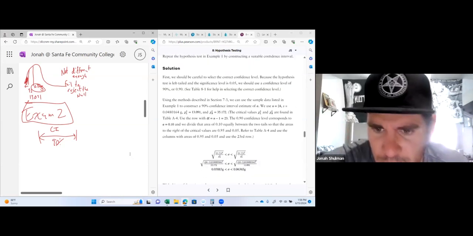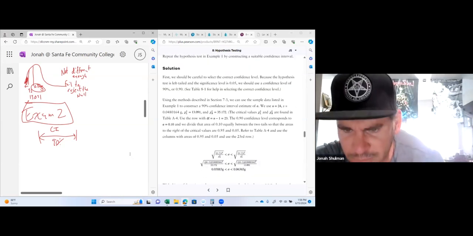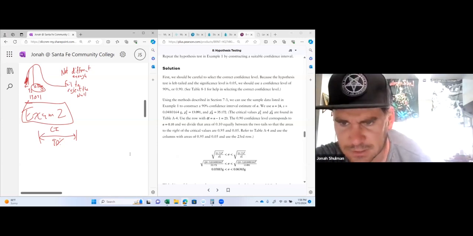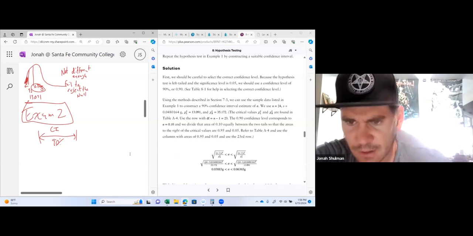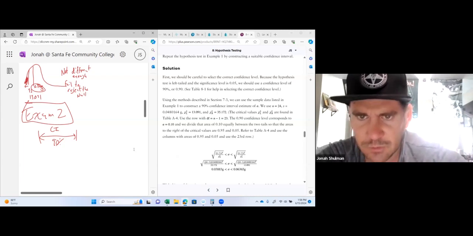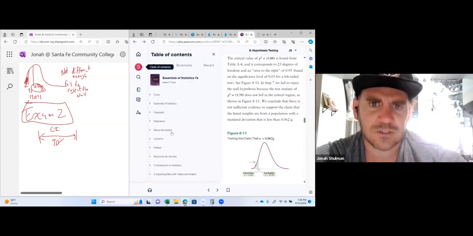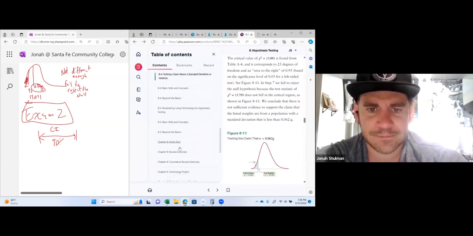Okay, so here it is. This is how we get the chi-squared left. Well, we have to first figure out how to get the chi-squared left and the chi-squared right to get these values, which we will get. So they say we use whatever happened in section 7-3. So we're going back in time.